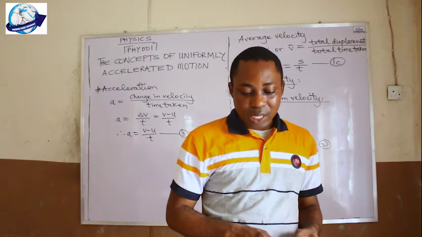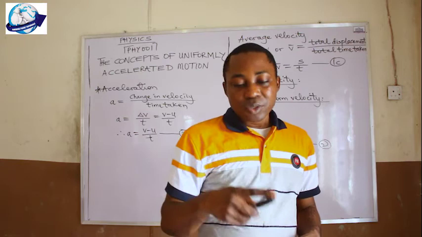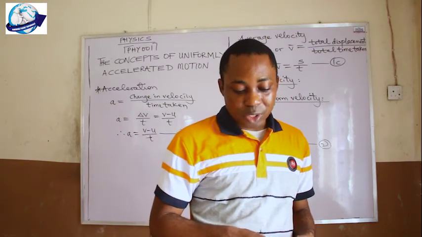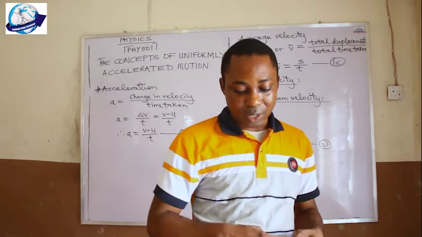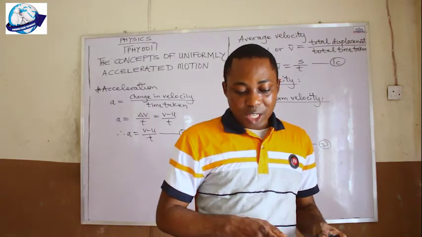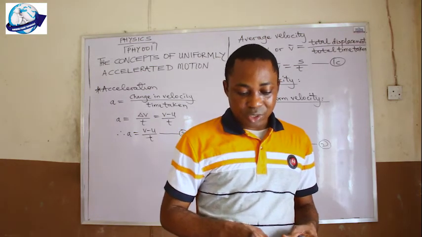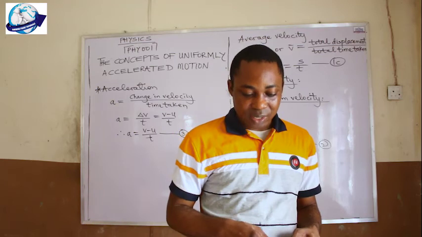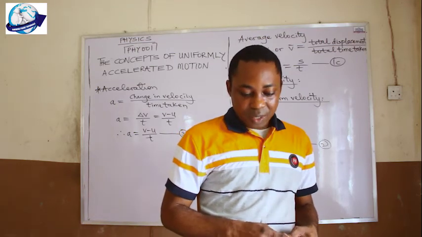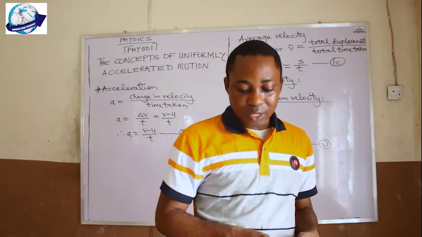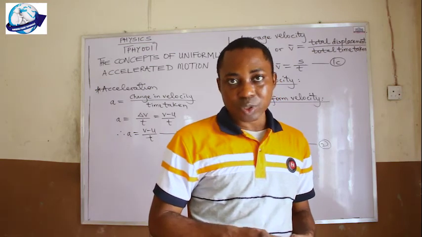Now we want to consider non-uniform acceleration. Non-uniform acceleration is a motion situation in which the rate of change in velocity is not constant at all times within which the body is in motion.